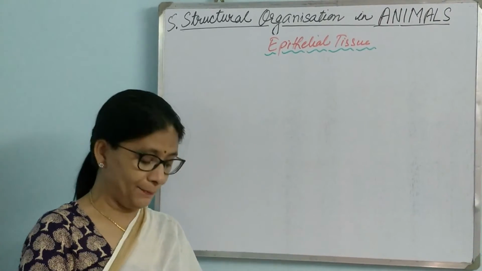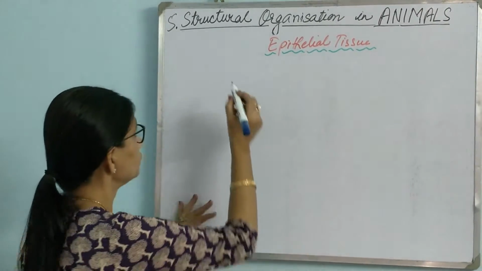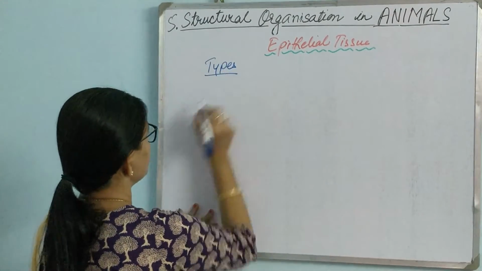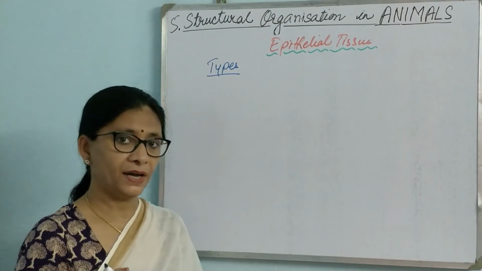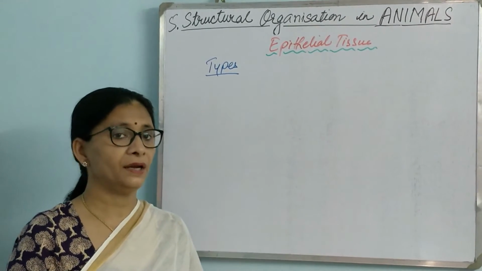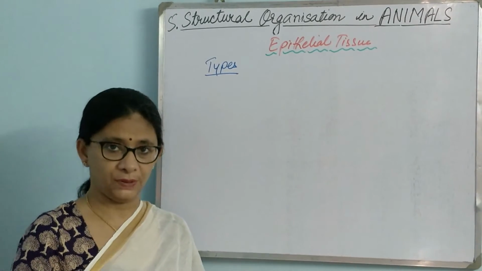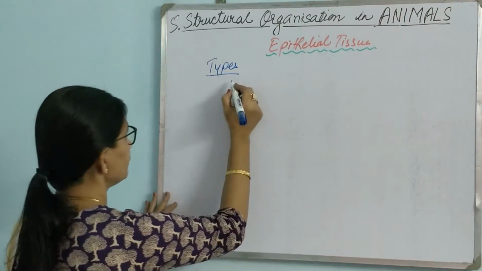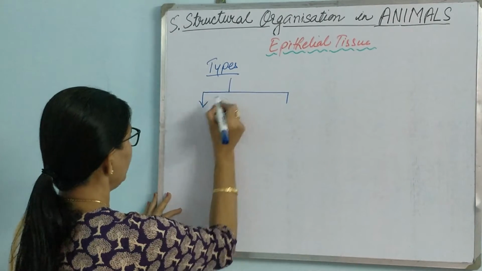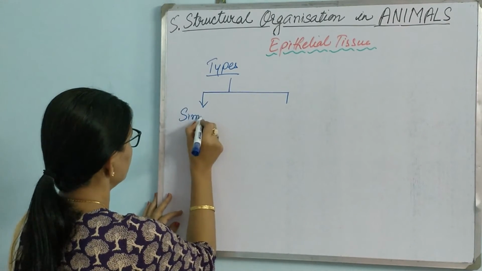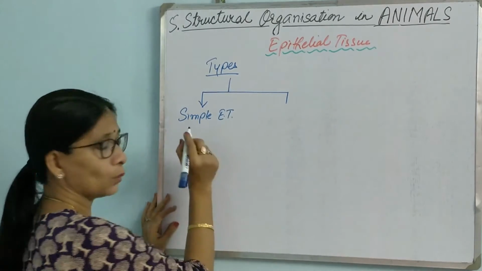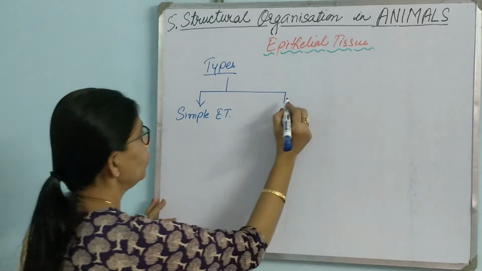Types of epithelial tissue. Epithelial tissues are broadly of two types, and it is based on how many layers are present. First one will be simple epithelial tissue.